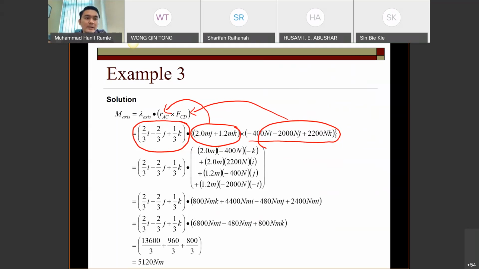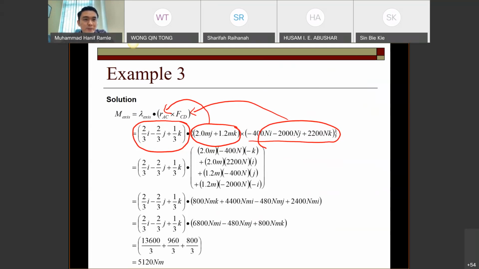The rest is mathematics. I will not show you, I will not explain further. So far, so good. In this lecture, I will show the solution without practicing.